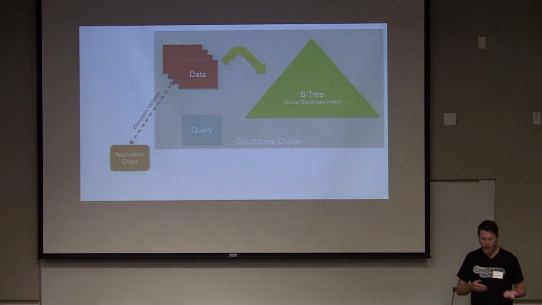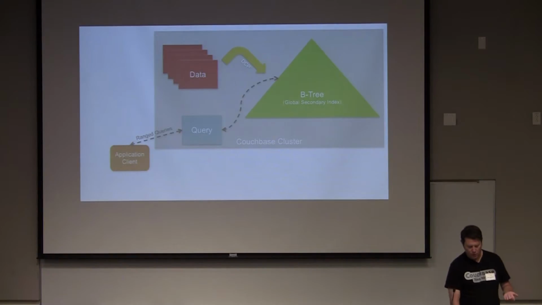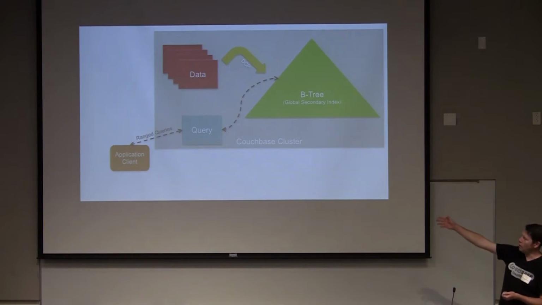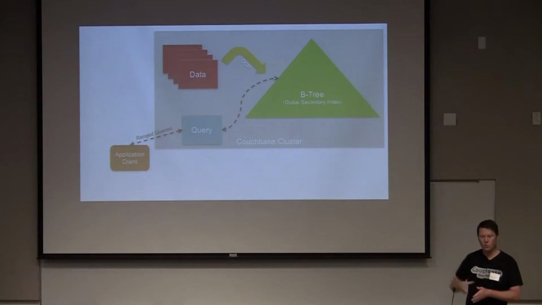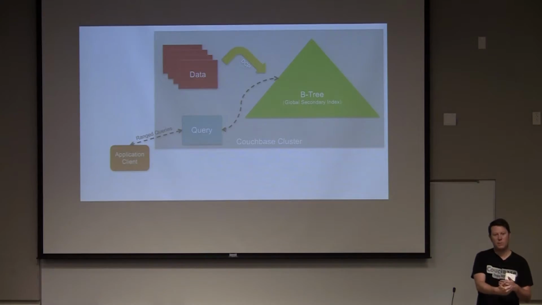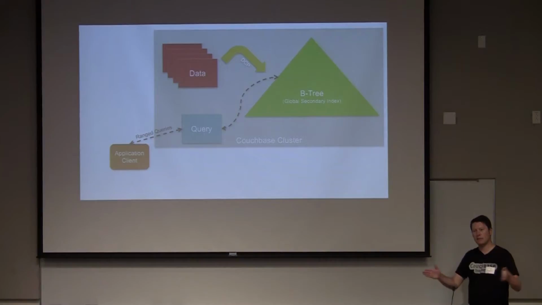So the cool thing from that perspective is now when your application goes to query, and whether that's the Spark connector or something else, goes to query the system, that range query will understand what indexes exist in the system, take the most selective index to be able to use, and then it's a single lookup within that index.